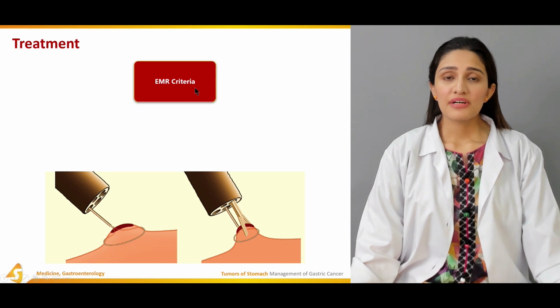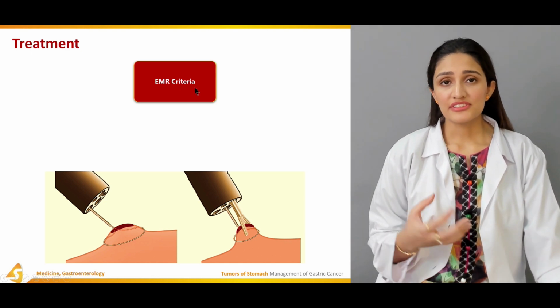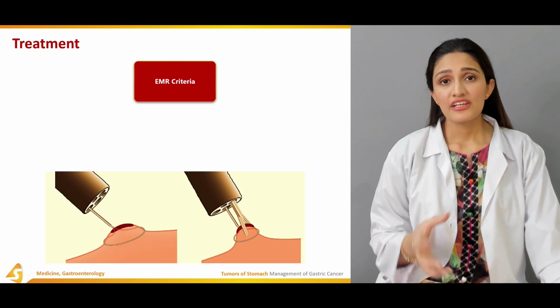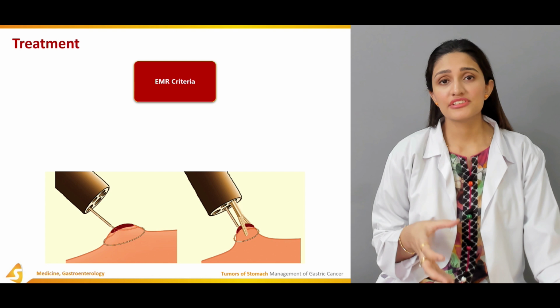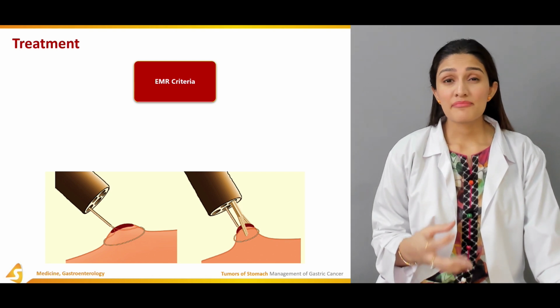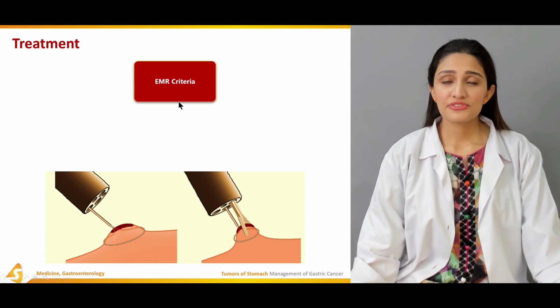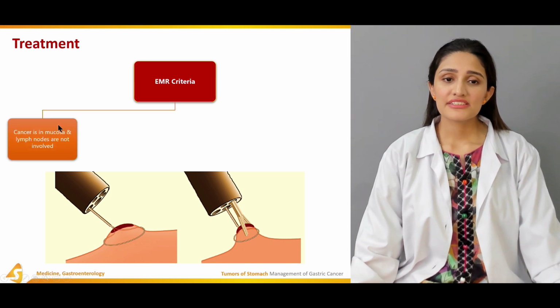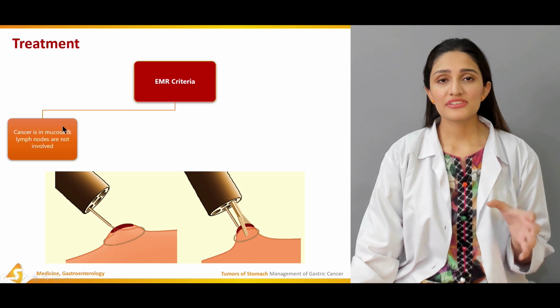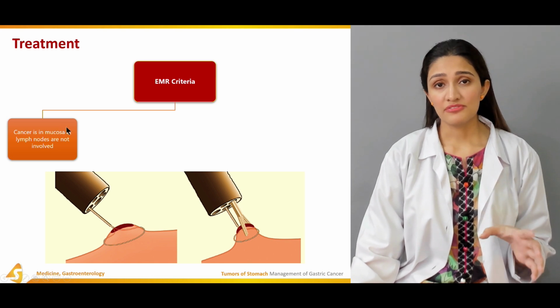Secondly, if we talk about endoscopic mucosal resection and ESD, this type of treatment or this type of surgical procedure is usually for the early gastric cancers. So there's a criteria regarding the endoscopic mucosal resection. First is that the cancer is in the mucosa and lymph nodes are not involved.